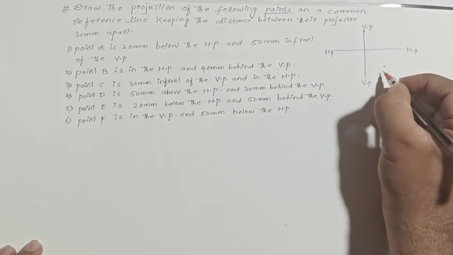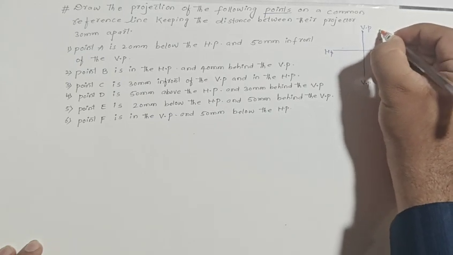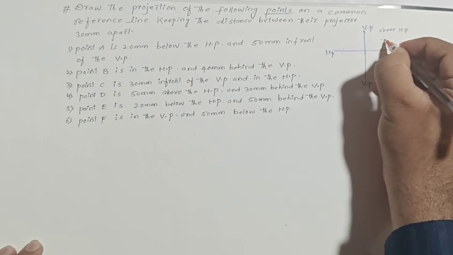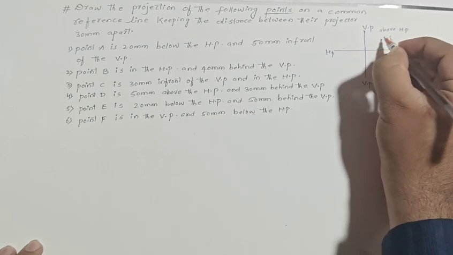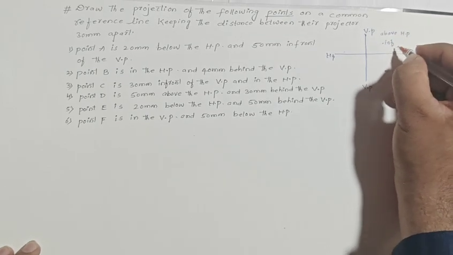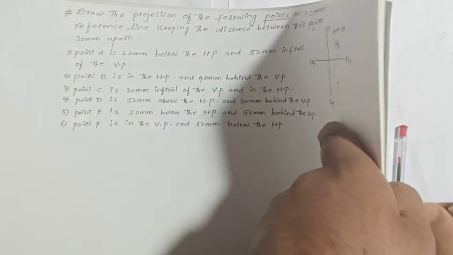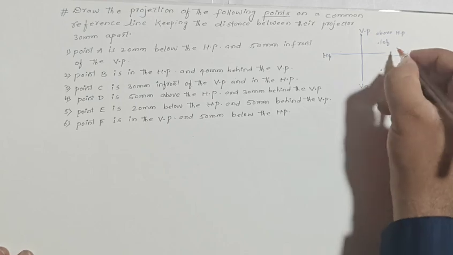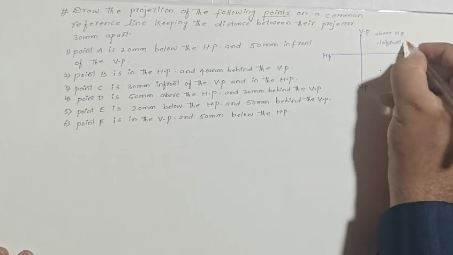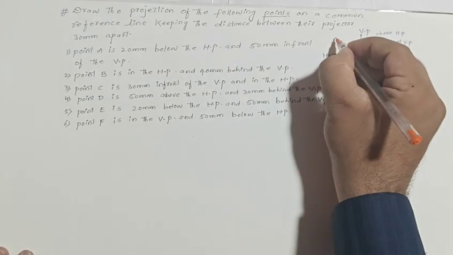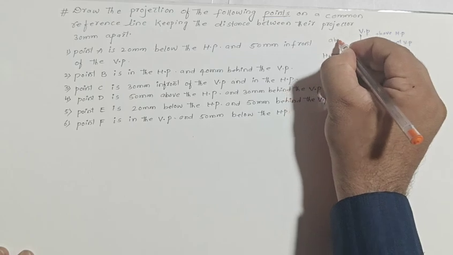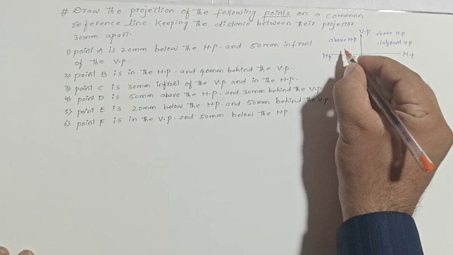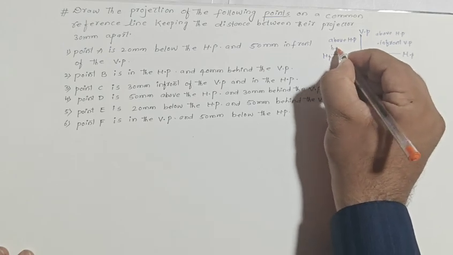So this point, what we can say, is above the horizontal plane, in front of the vertical plane. And this point, what we can say, is above the horizontal plane, behind the vertical plane.